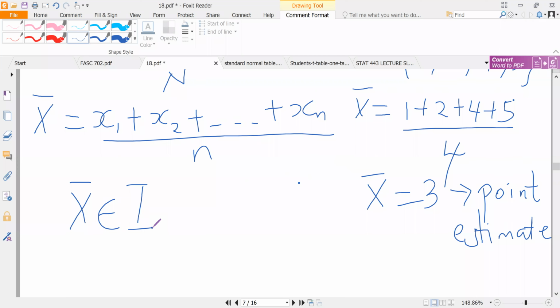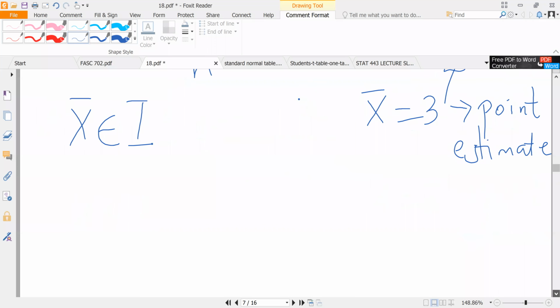Now, for us to be able to calculate this interval estimator, it is important that, first of all, we define our significance level. Our level of significance is very important when we are trying to identify this interval of estimates of our parameter.